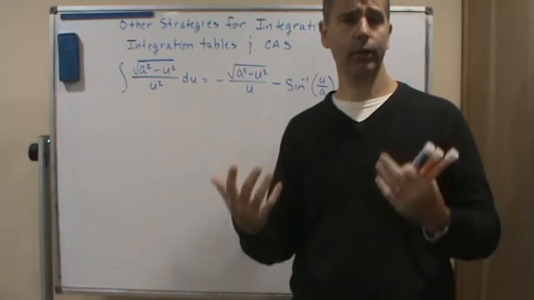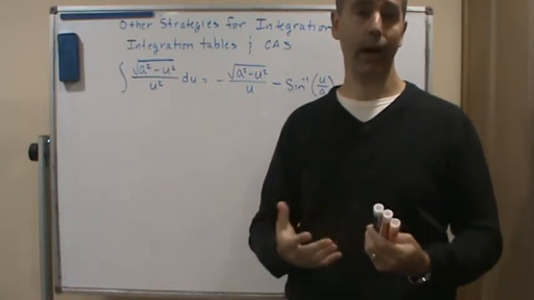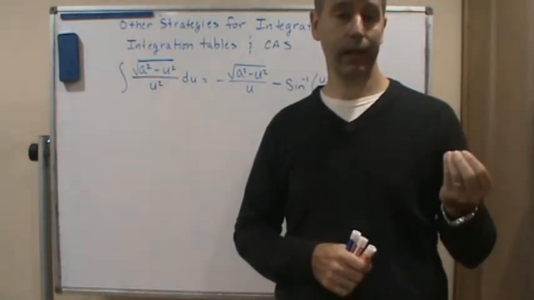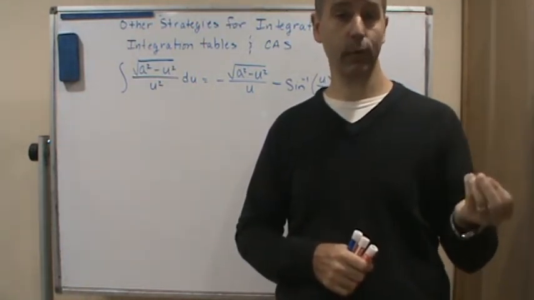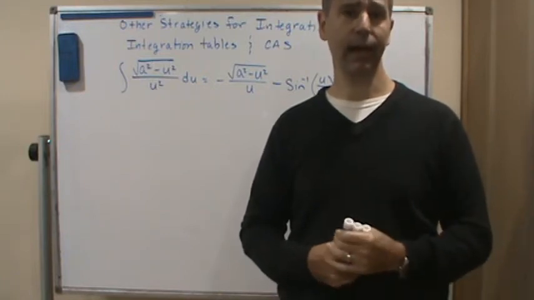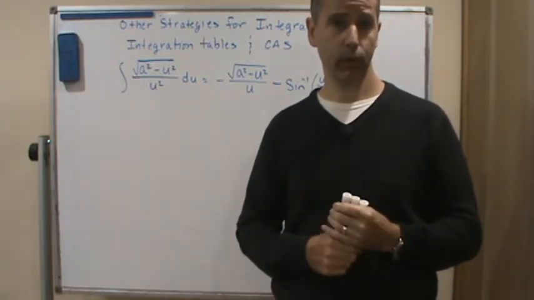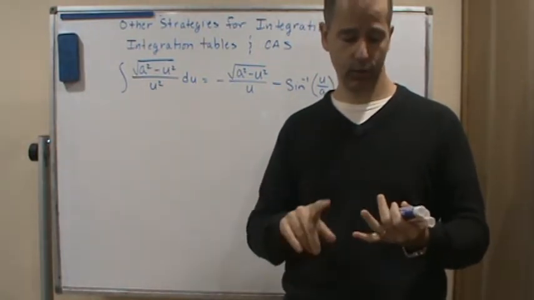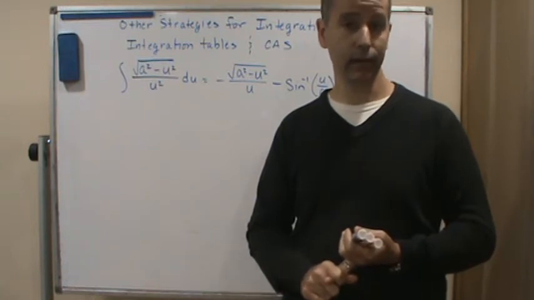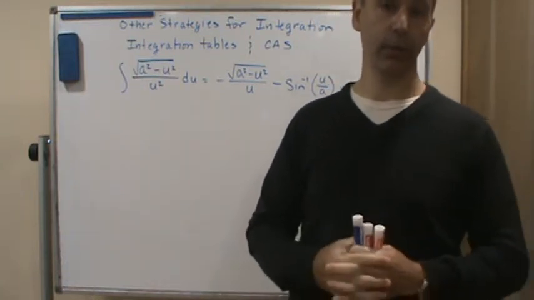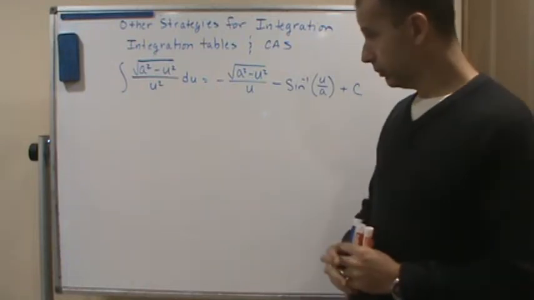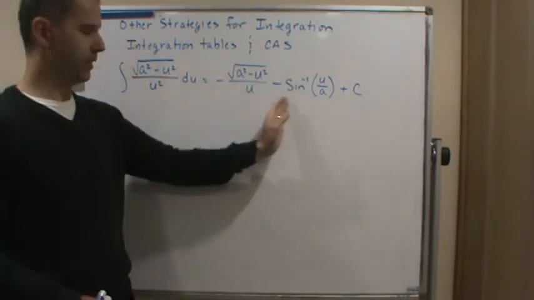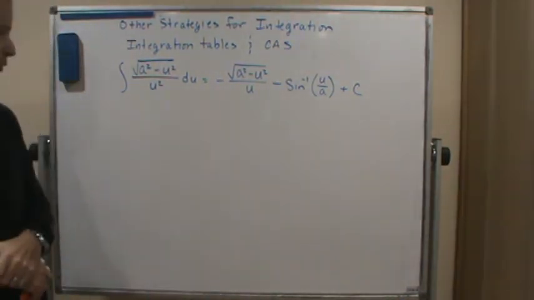I'm going to do examples of how to use those. Why? Because they're easy to use. They're good for quickly checking or evaluating integrals, and they're very helpful, much like the CAS on your calculator or online, which you can find online or on your computer. So, let's do an example of something you would find in an integral table.